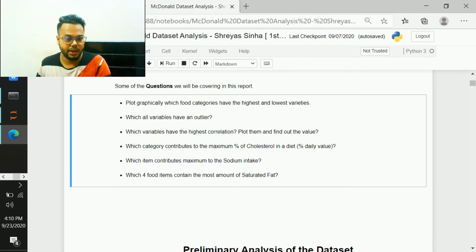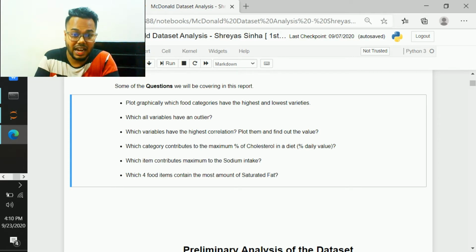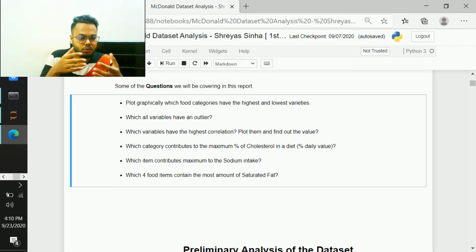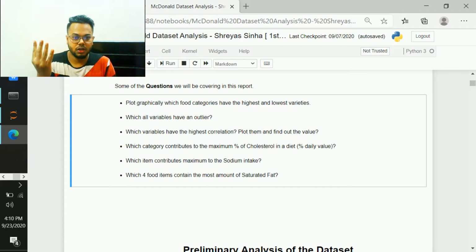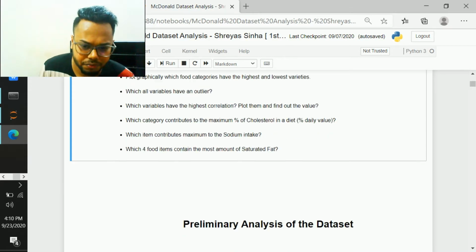Plot them and find the value. Which category contributes to the maximum percentage of cholesterol in a diet? Which item contributes maximum sodium intake? Which four food items contain the most amount of saturated fat? So one by one we will go through each of the questions.